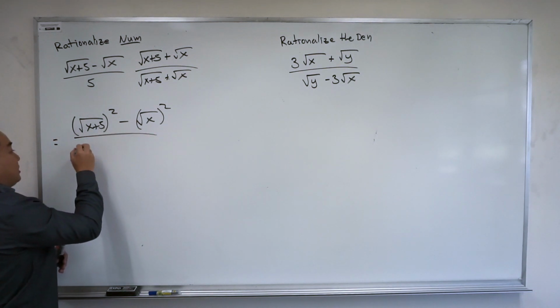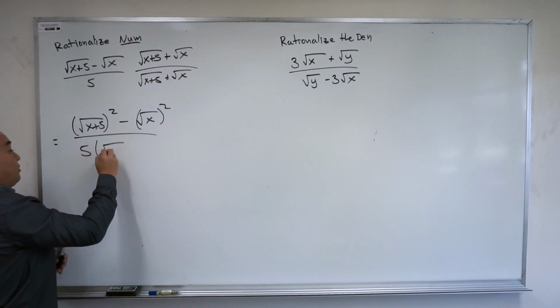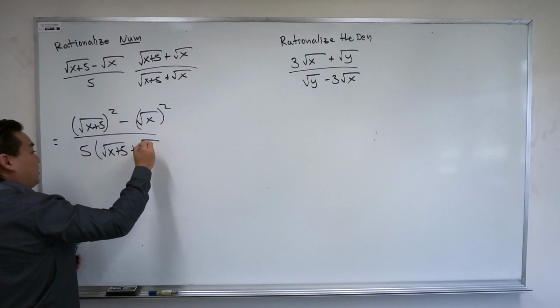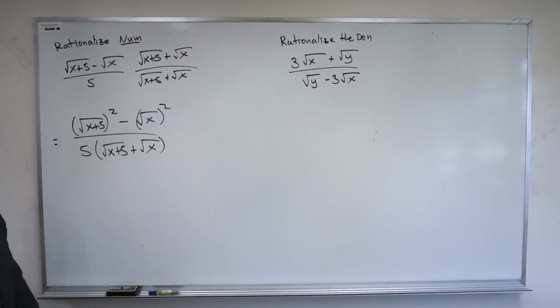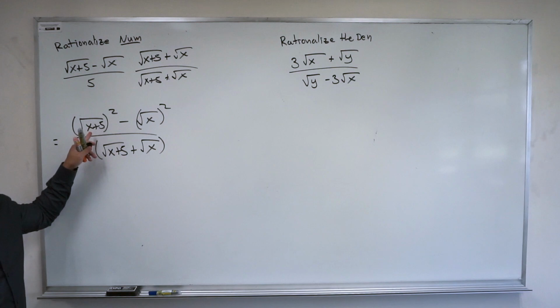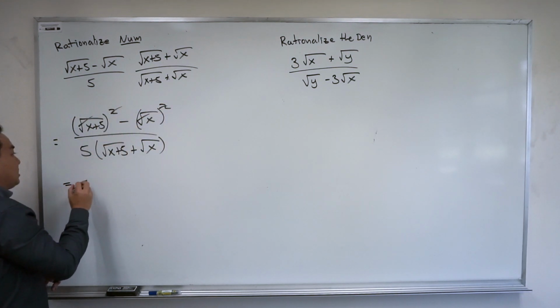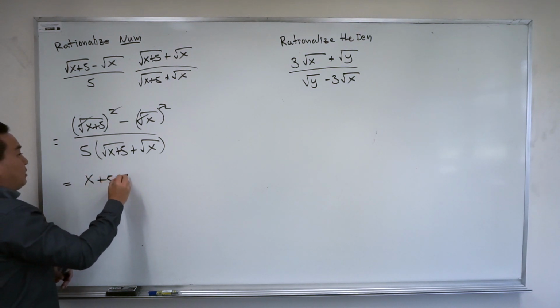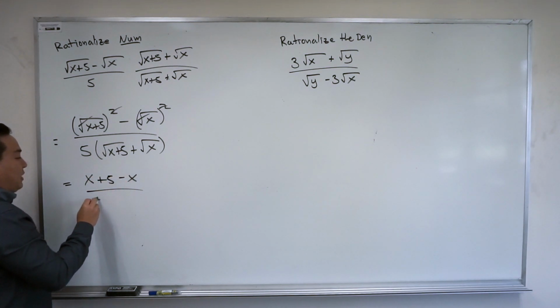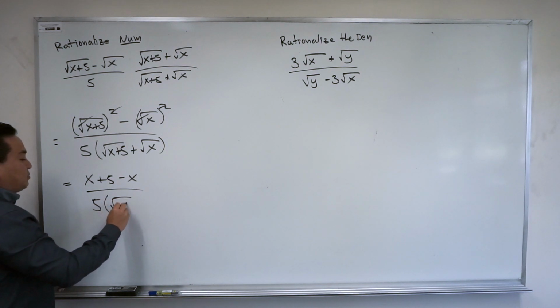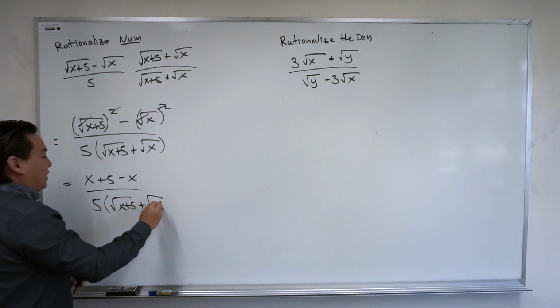And the denominator is just the product of the conjugate and 5. So this makes it really easy, because the squares cancel. And you're just left with x plus 5 minus x divided by 5 times square root of x plus 5 plus square root of x.